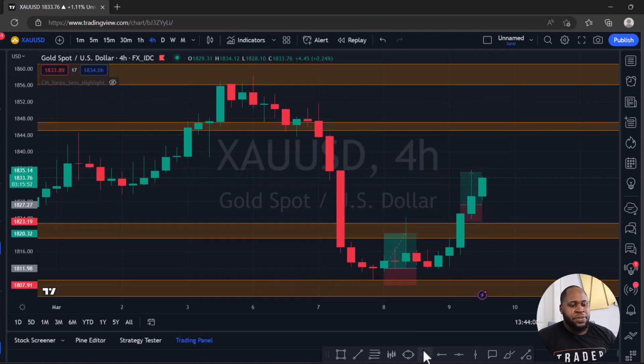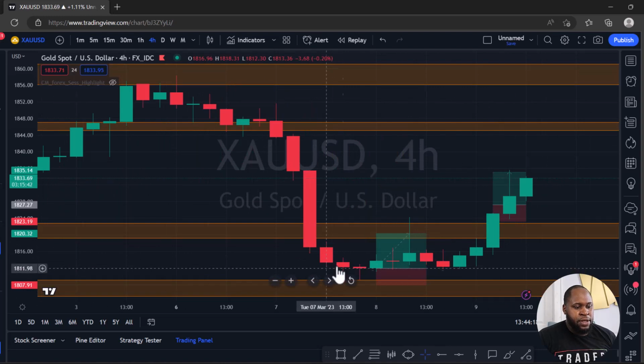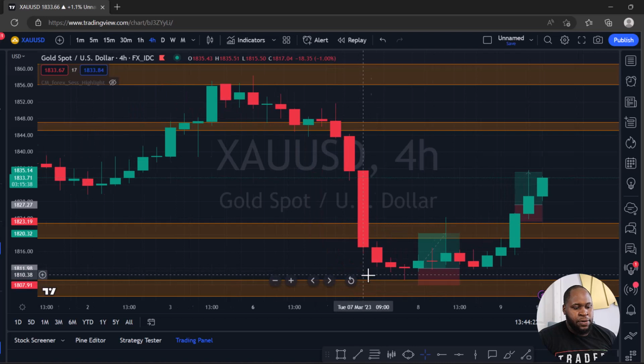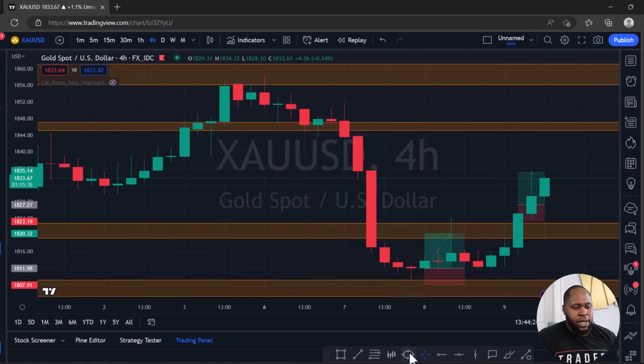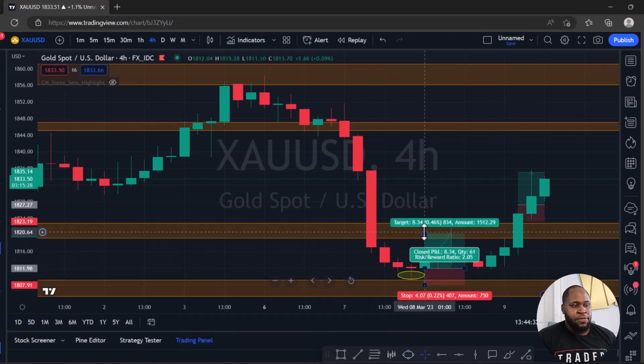Now, what I was able to see is that it was wicking the closer and closer we got to a level of support. If we look at these candlesticks, as we approach support, the closer we get, the bigger the wicks become, okay? Until you get to this wick over here, which is a pretty big wick. In other words, we call this a rejection off of this area of support. And this was a good indication that we may be getting some kind of reversal.